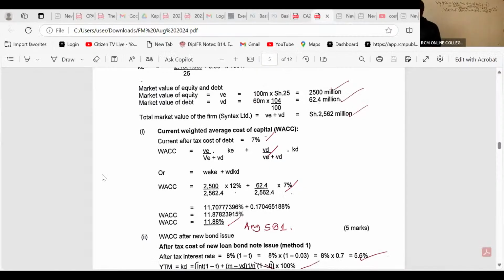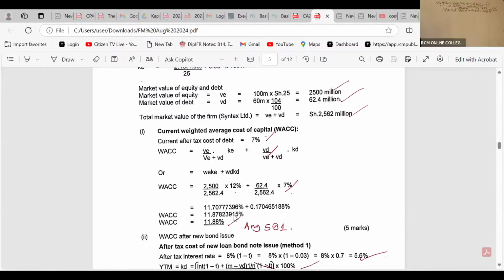And normally we are very fair in terms of marking. You should never blame the marker. Here we say 85 at 1. But even if you just get the current after-tax cost, mention 7%, and you have the WACC formula and the substitution, you get a mark.